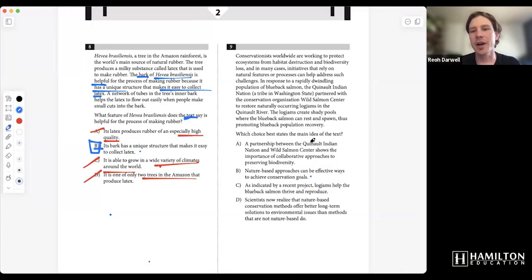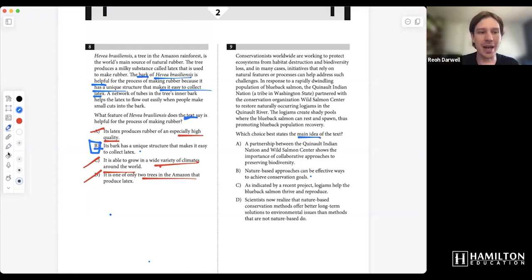All right, question 9 is a main idea question. These main idea questions require us to find ultimately the thesis in this passage. There can be multiple things shown in a passage that are true that don't necessarily equate to the main idea.